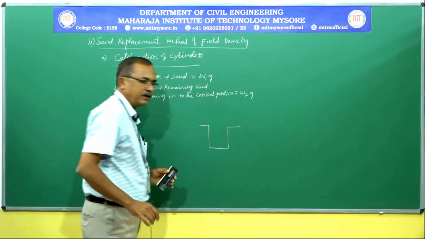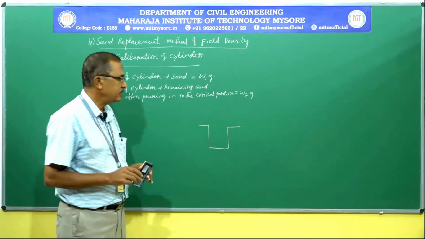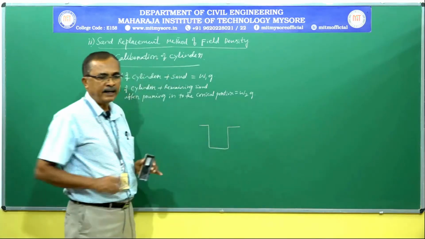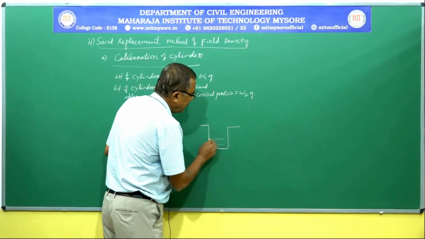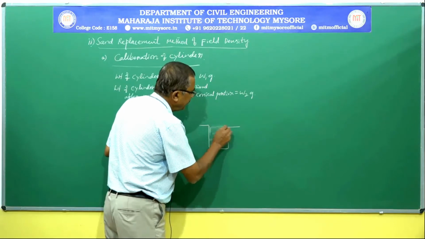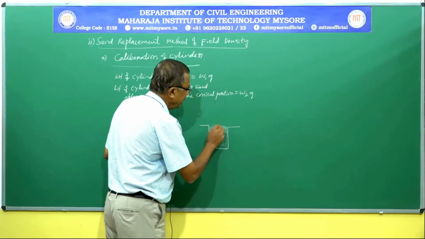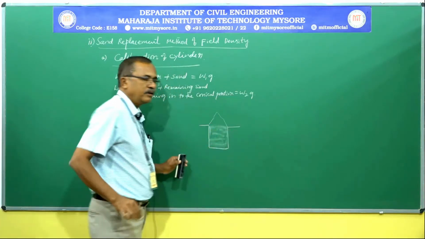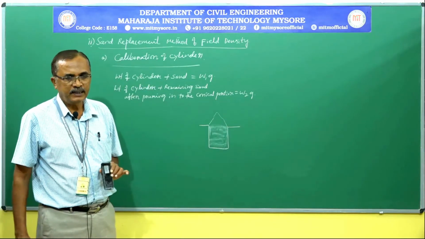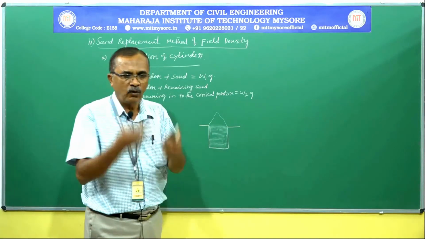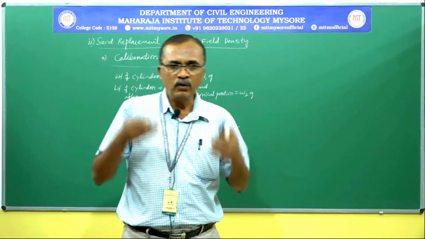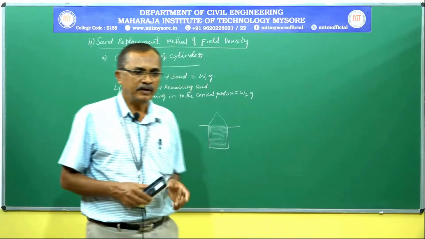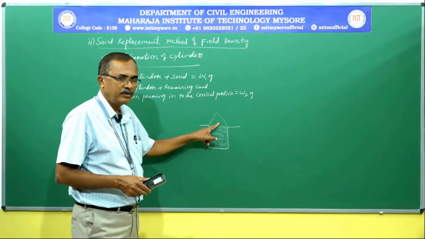And if you place sand pouring cylinder with sand over this calibration container and pour sand, sand will be poured like this, it will fill the calibration container. Even after filling the container, it forms the conical portion. That is the natural phenomenon. Any coarse grained material, if you pour, it forms the heap. Likewise, it forms the heap like this.